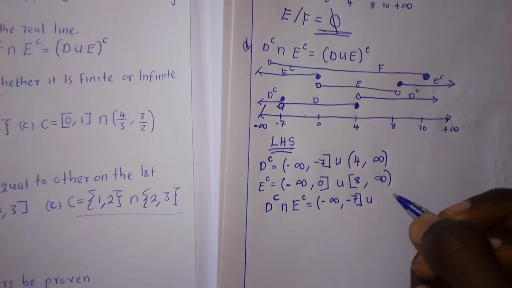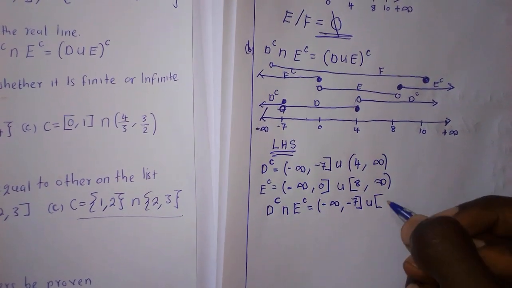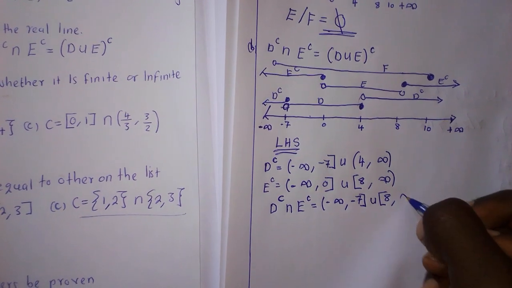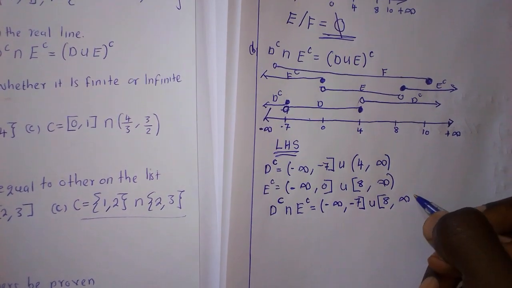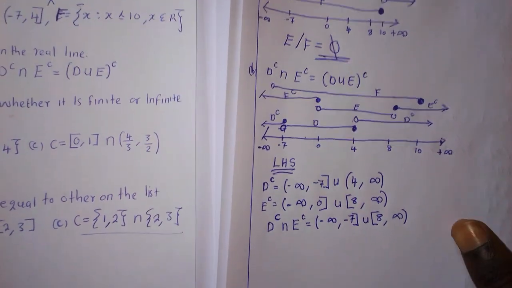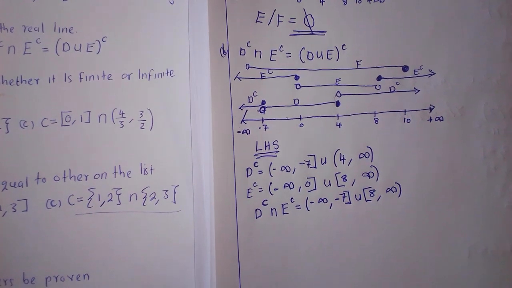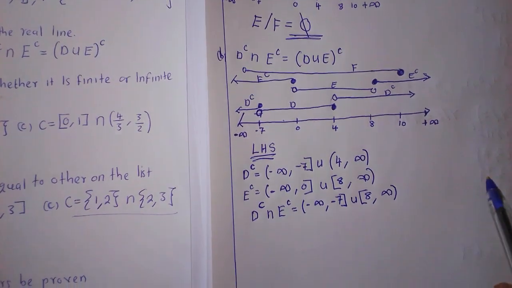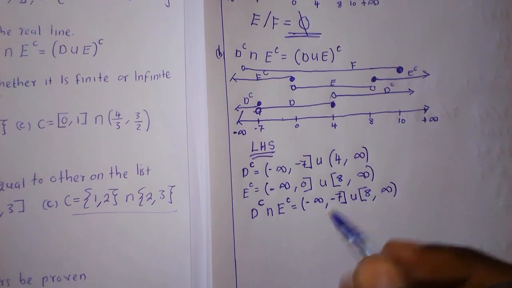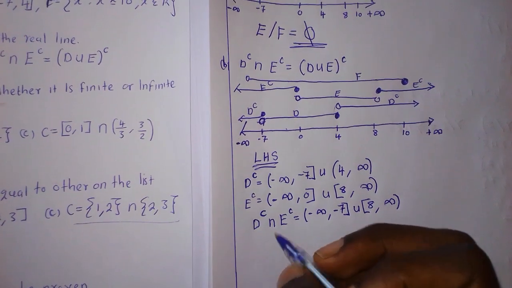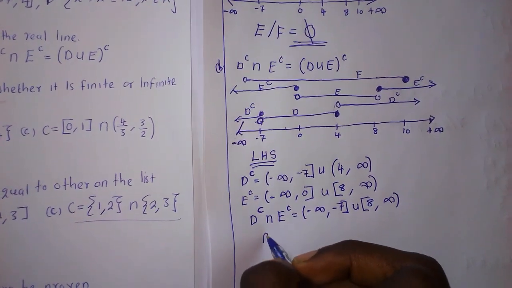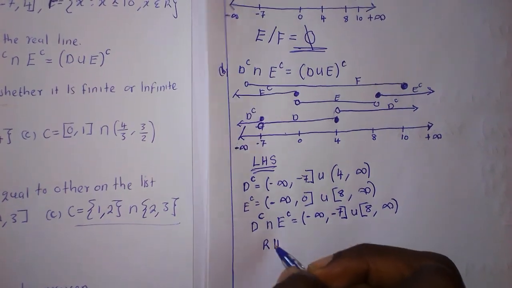Then union, 8 included up to positive infinity. Now, I don't want to waste time because I've shown you how to do the right hand side. If you check, you do the left hand side. Check, you do the right hand side.